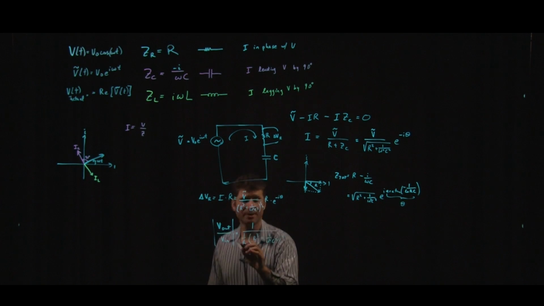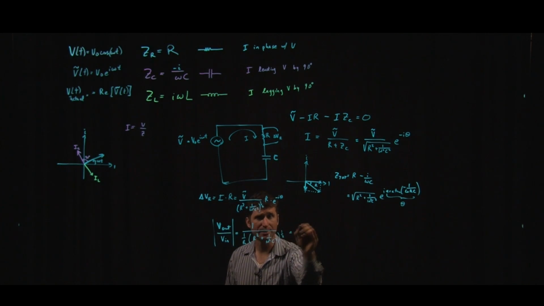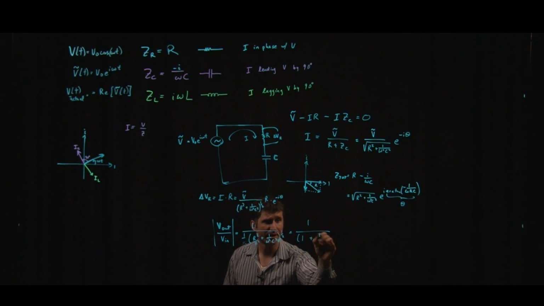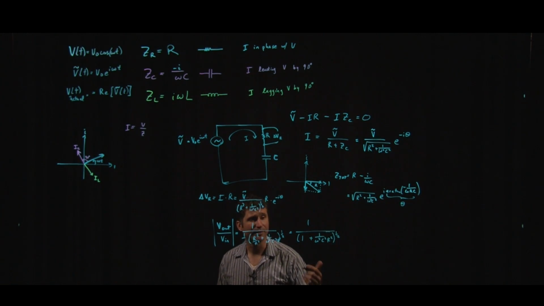Then I can distribute this into the square root, and I'll have a 1 over r squared here. So when I distribute that, I'll have 1 plus 1 over omega squared c squared r squared to the 1/2. So this looks like my transfer function here.